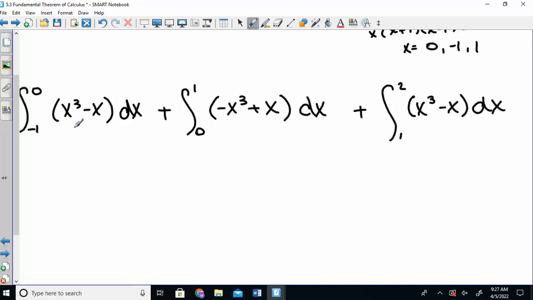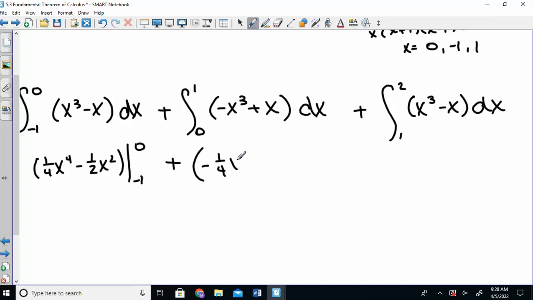Okay, so if we start simplifying the first one, antiderivative of x cubed minus antiderivative of x, x squared. You can go from -1 to 0 for that one.